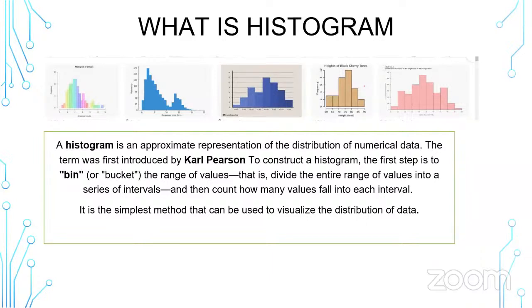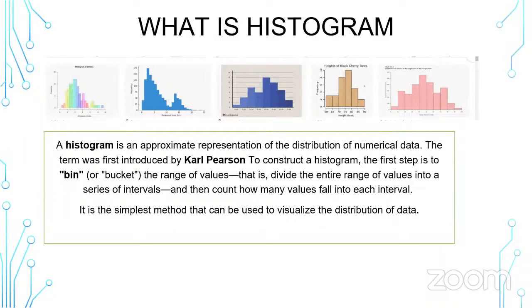The bins are there, and under these bins, some values are there. So now, based upon that, you can tell where the frequencies are maximum and where the frequencies are minimum. For example, in this bin, you will get the less number of frequencies.